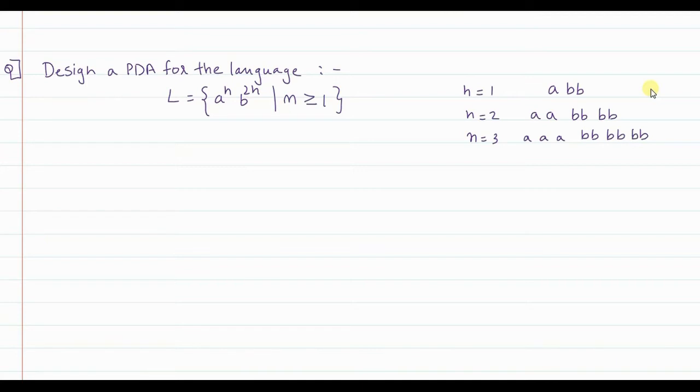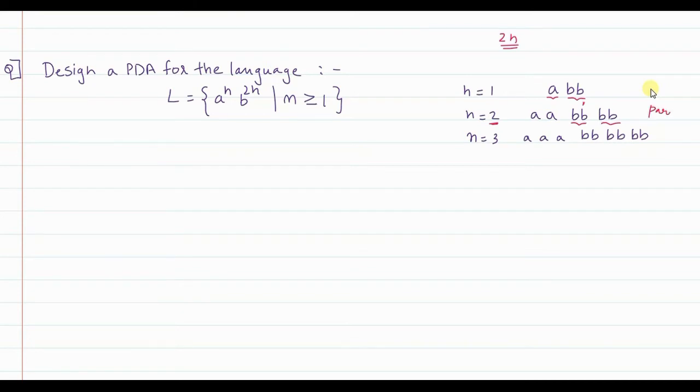So in general, whenever we have 2 into some n, we are actually having a pair of b's. Since n is 1 here, we have a single pair of b's. When n is 2, for every a you have a pair of b's, so you will have 2 pairs of b's.